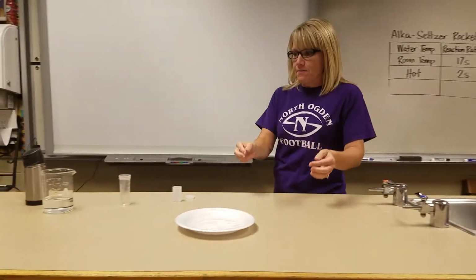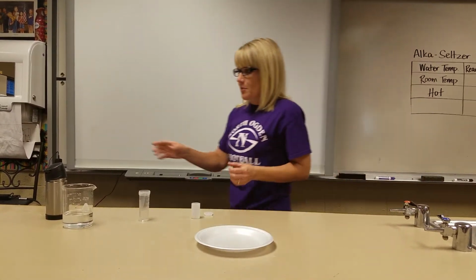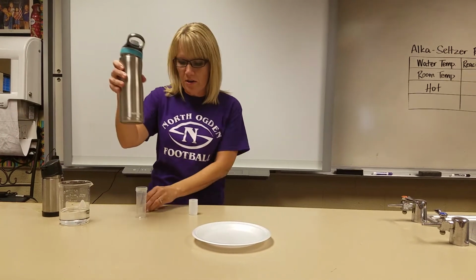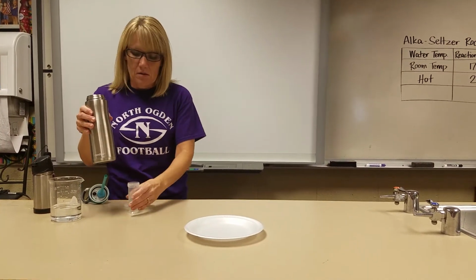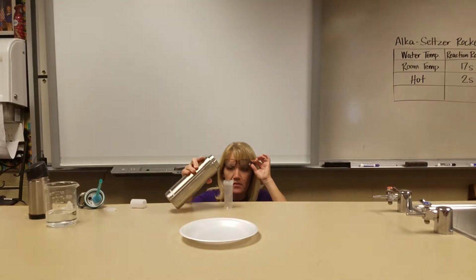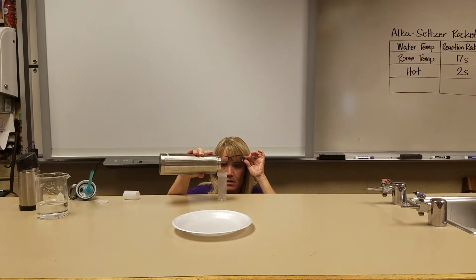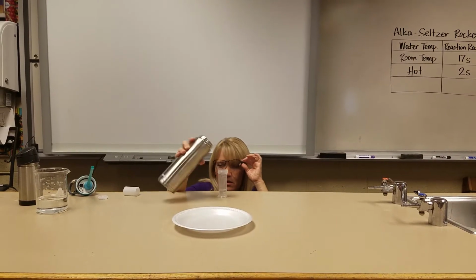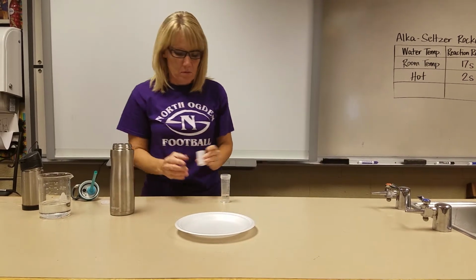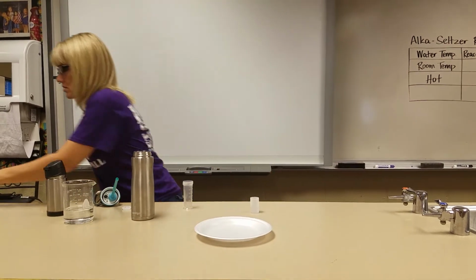And for our final test, same procedure, but this time I'm going to use some cold water. You can hear the ice in there. So measure out 15 milliliters. There we go. Put that in a film canister.